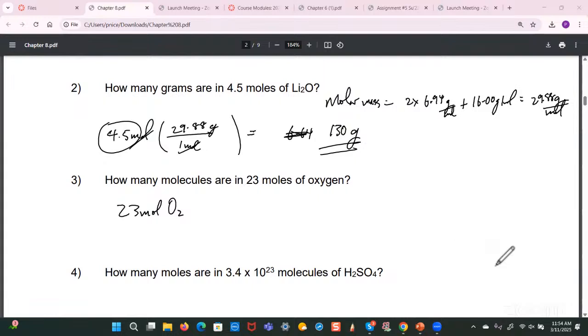Okay, so who tried number 3? Is that 1.38506 times 10 to the 25th power?